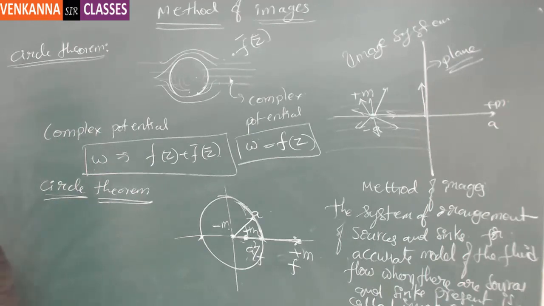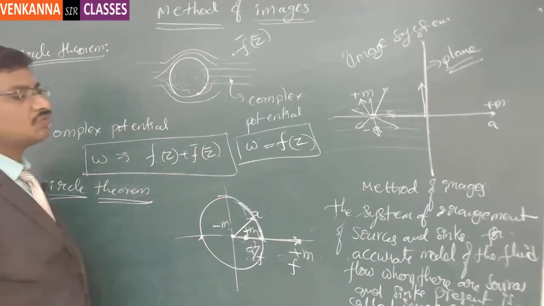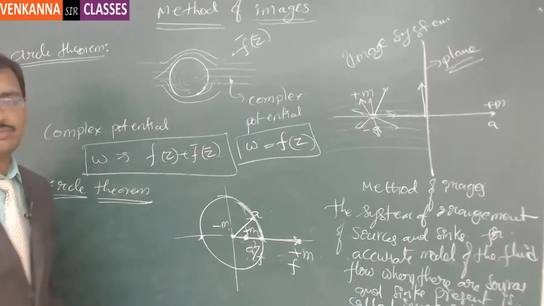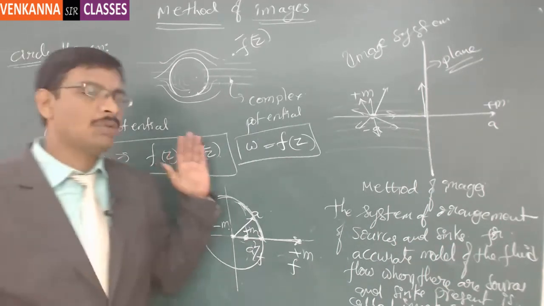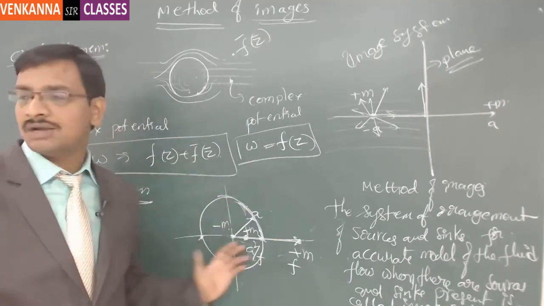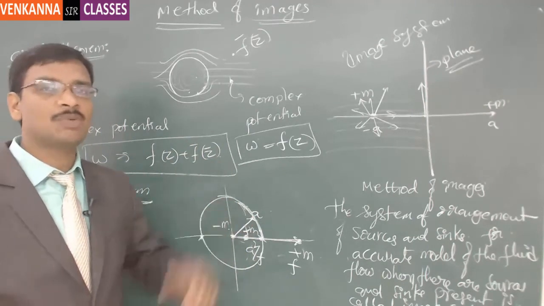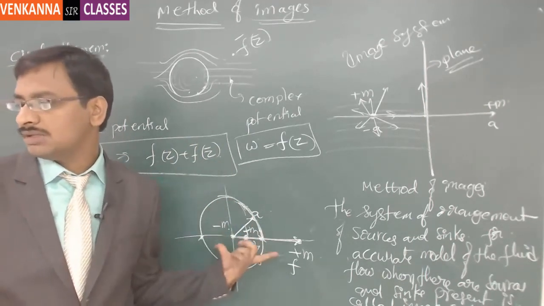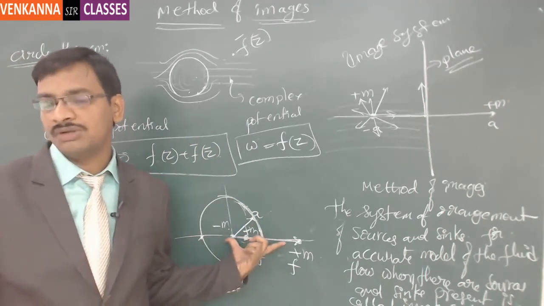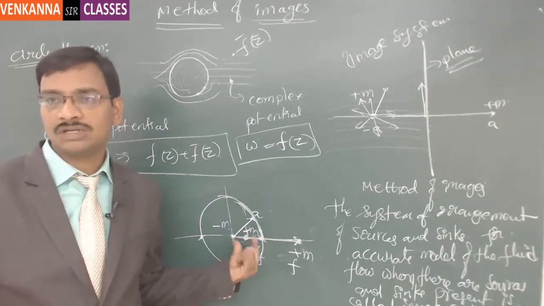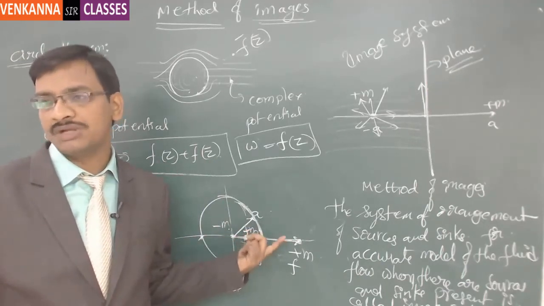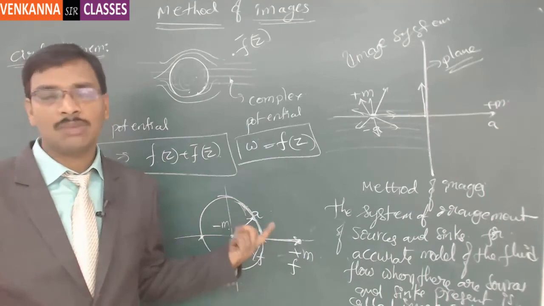The problems that are going to be asked in the method of images will ask us to find the streamlines. But the problem is very, very simple. Understanding the concept is a little bit tough, but solving the problems is easier. Why? Because for us this is all only the complex potential. When there is a source or sink, you have to model it as a complex potential, minus m log z.